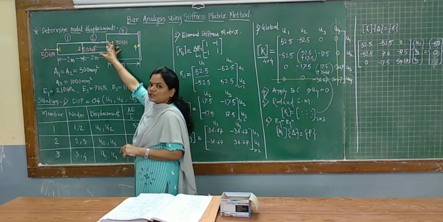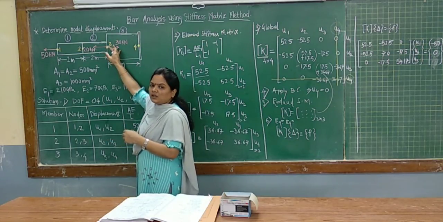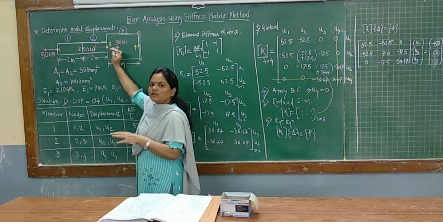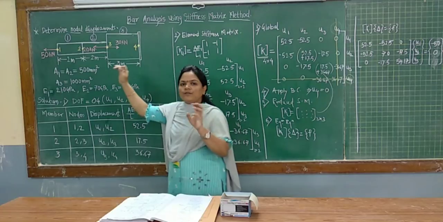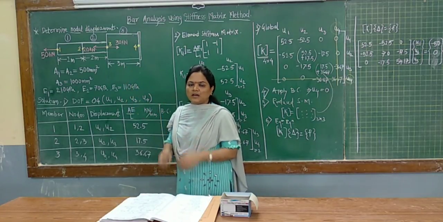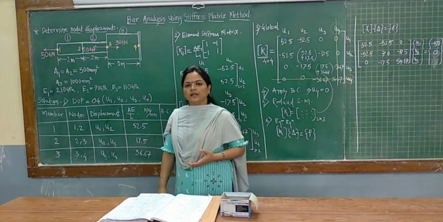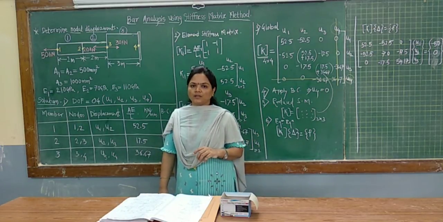If a single force is present in the right direction, write the positive value; if in the left direction, write minus that value. If more than one force exists, add those forces algebraically according to their direction.